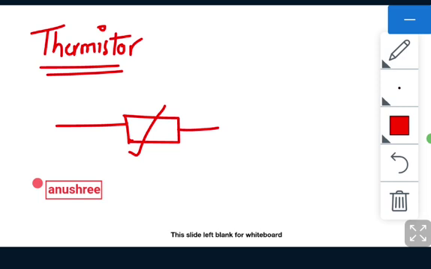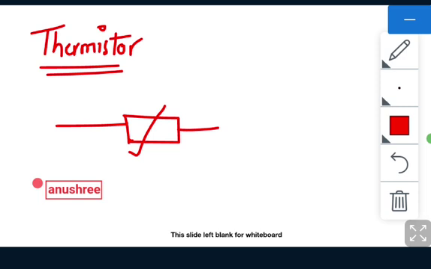Okay, one second, just write that down. So at high temperature, the resistance is lower and a large amount of current flows through the resistor.